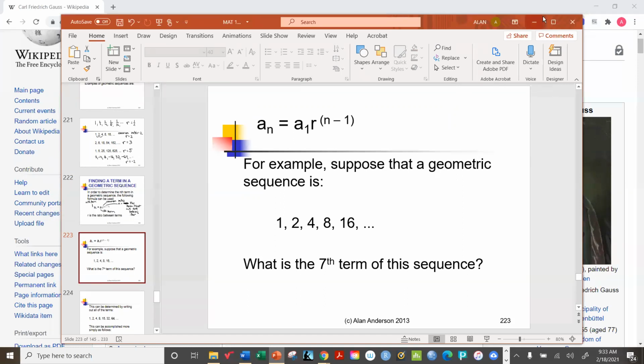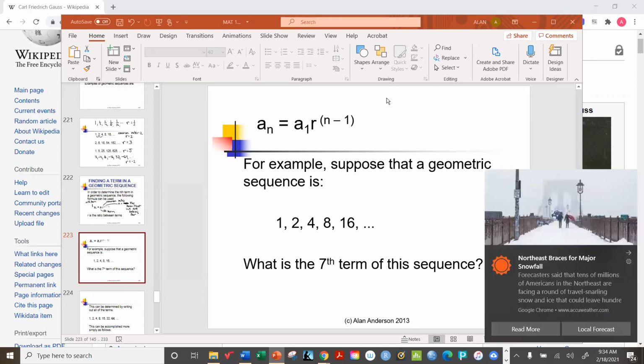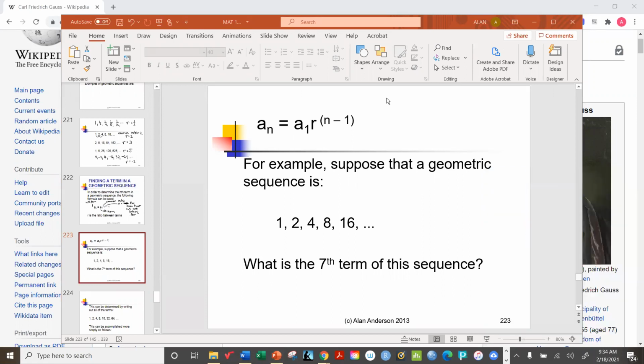Here we go. 64, that is exactly right. So let's prove it. That's correct, exactly, 64, perfect. If I had a prize, I would give it to you, but I don't. Anyway, so A_n is what we're looking for.